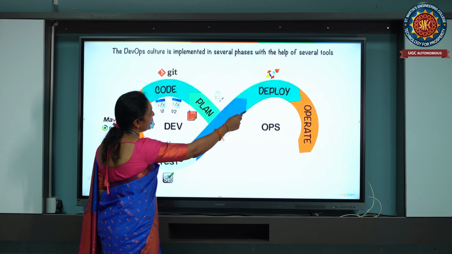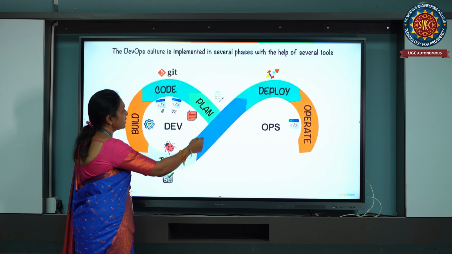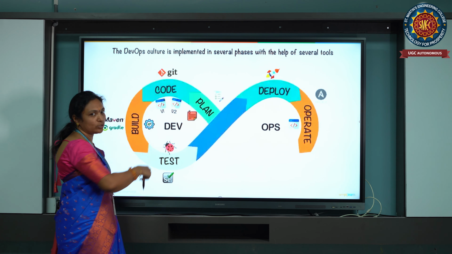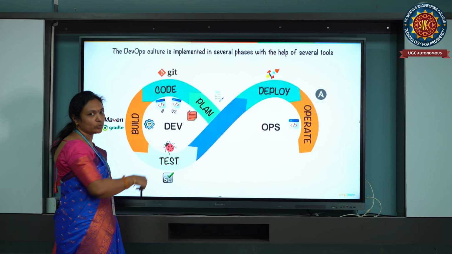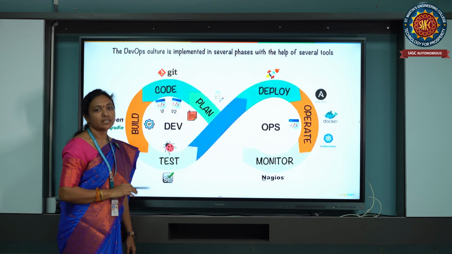For deployment, we are using Docker. For operation and maintenance, feedback is given again to the developer team. That process is continuously going on up to the satisfaction of the customer. That is the main advantage of DevOps.